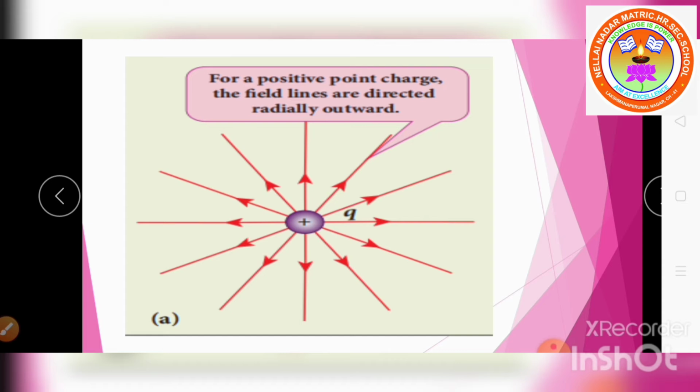If you consider an isolated positive charge, the electric field lines start from the charge and end only at infinity.